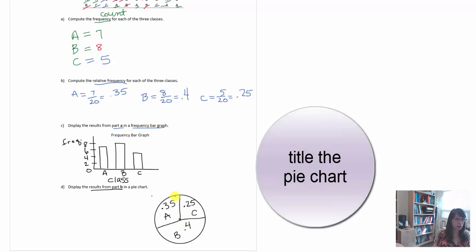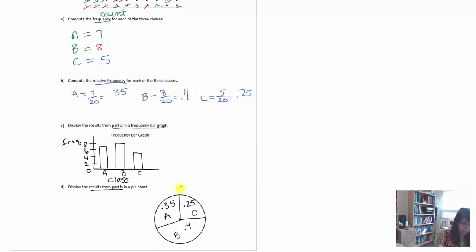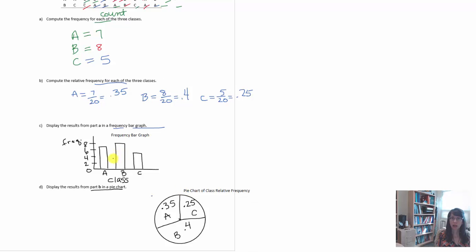And we could give a title to our pie chart, and we'll label this pie chart class relative frequency. So the 2 major concepts to understand from this video are that frequency tells us a count of our data, and relative frequency takes that count, divides by the total to give us the decimal form, which we will later translate into class percents.